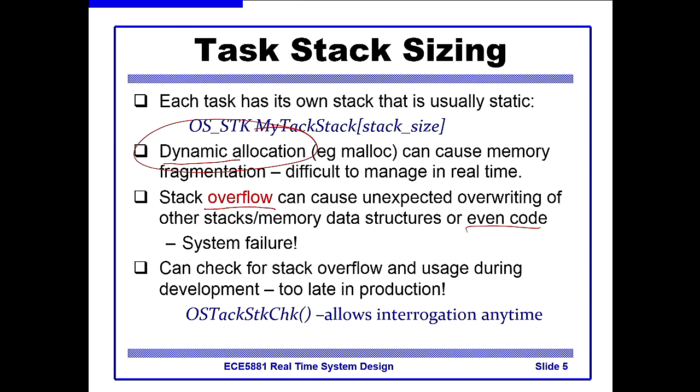So we want to check for stack overflow when we're developing our system. Once you put something into production, you sell a product, it's too late often to fix that. And if you get problems in a car real-time software system, then the car just stops on the freeway and causes accidents. So these are big deals.